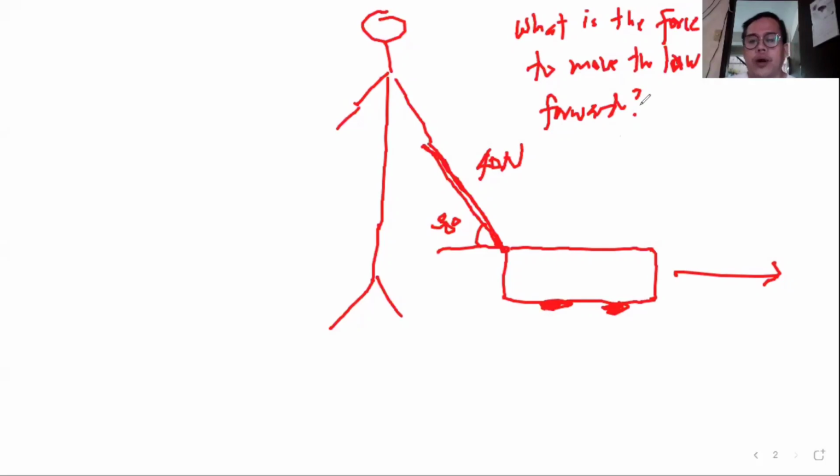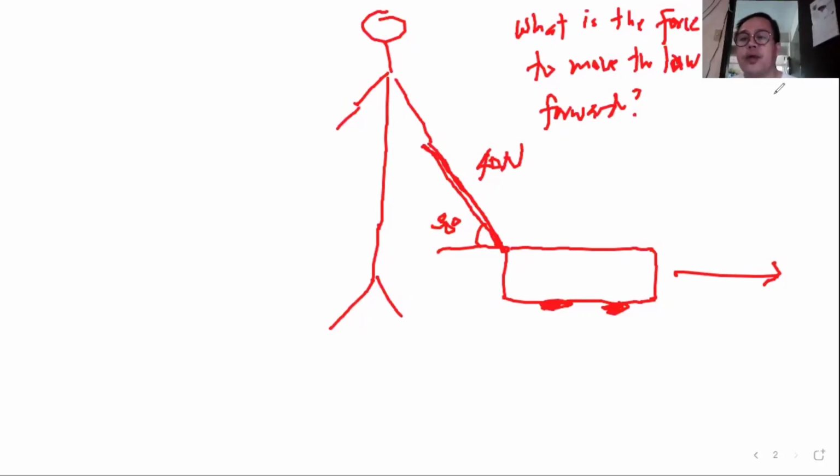If the lawnmower is moving forward and this gardener used a force of 40 Newton at an angle of 30 degrees, my question is, was all of the force that the gardener exerted used to move the lawnmower forward?